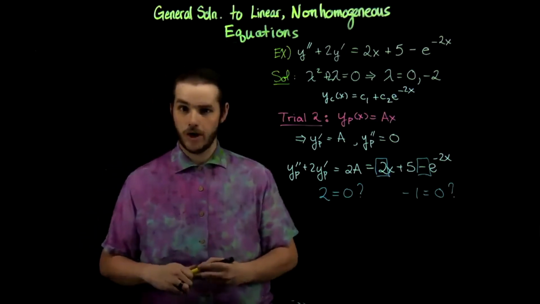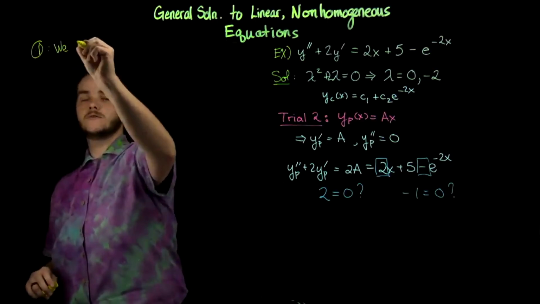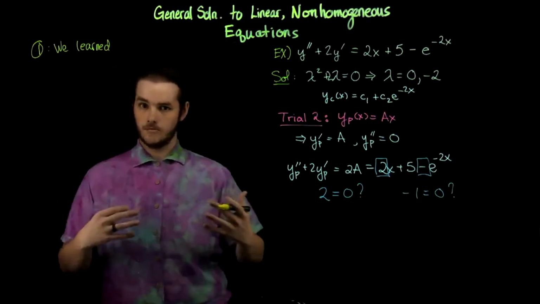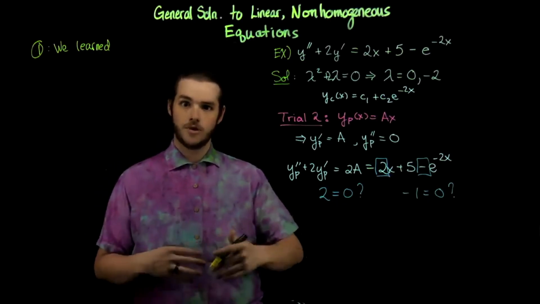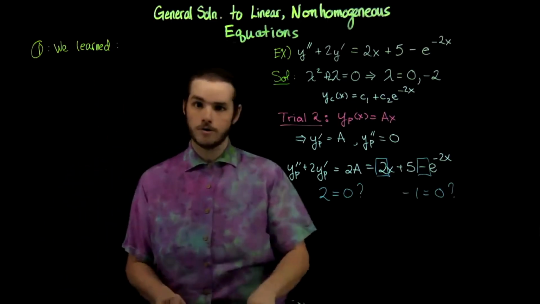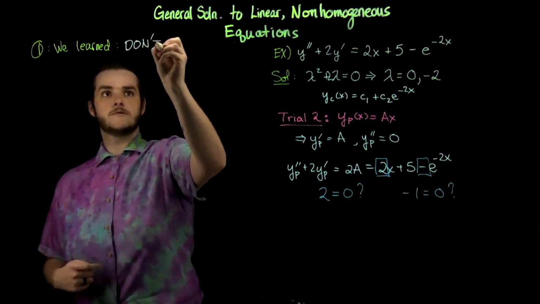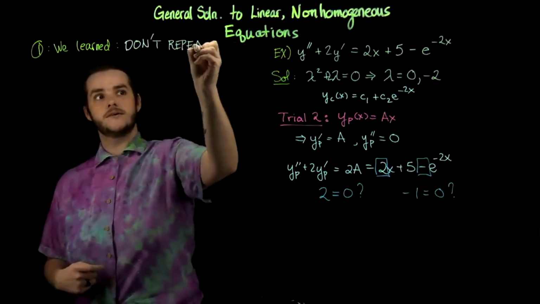In the first trial, in trial 1, what we learned was that repeating information from the complementary solution leads to nonsense. So we don't want to repeat terms in yc.